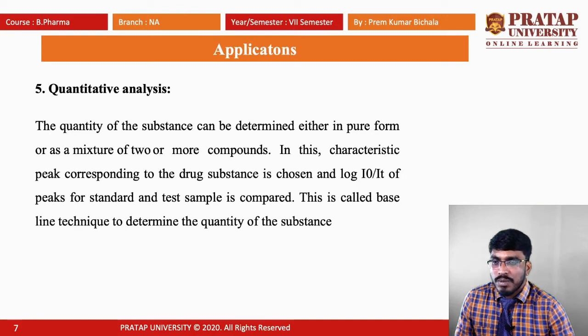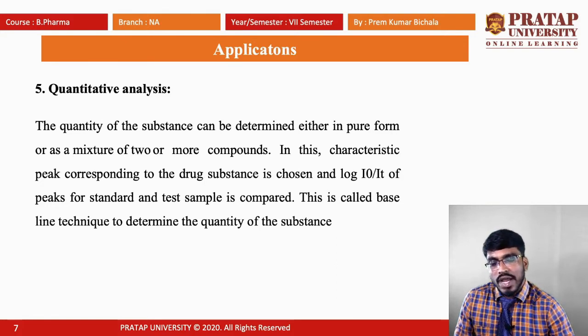Then the fifth one, quantitative analysis. In this quantitative analysis, we can find out the quantity of the substance, which can be determined either in pure form or in a mixture of 2 or more compounds. Here a characteristic peak corresponding to the drug substance is chosen and log I0 by IT of the peaks is taken.